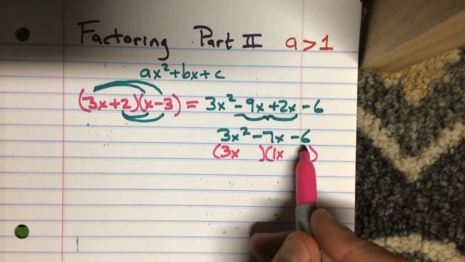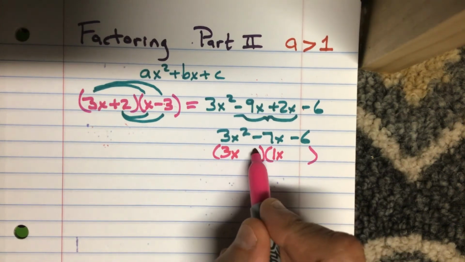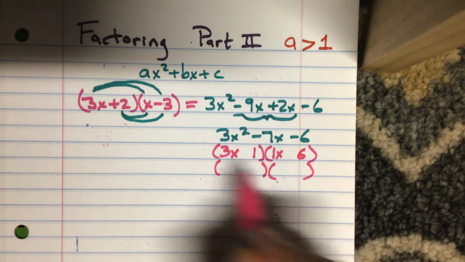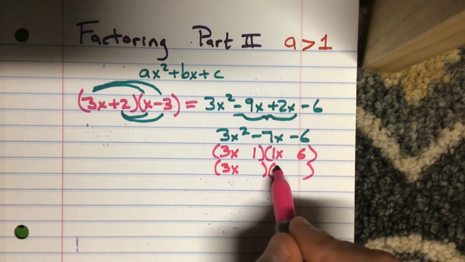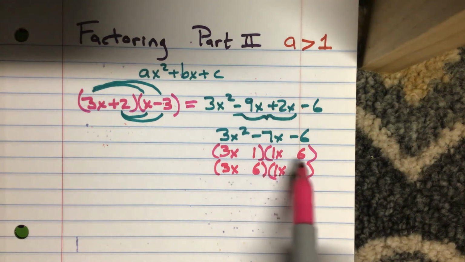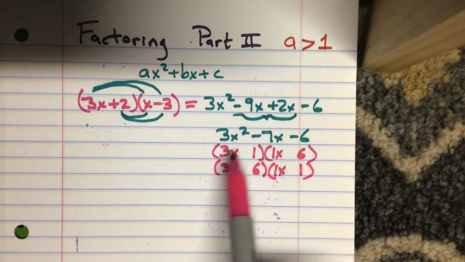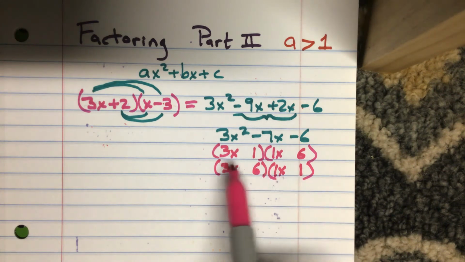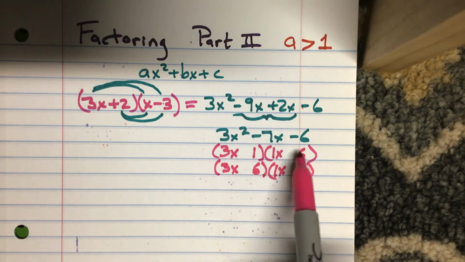And now we have choices for 6. We could have 1 times 6, which equals 6. We could also switch those to 6 times 1. And that makes a difference, because when you do the outer, here you're going to get 3 times 6 is 18. Here you're going to get 3 times 1 is 3. So the outer changes a little bit. The 3x and the 1x will make 3x squared. The 1 and the 6 will make the 6.